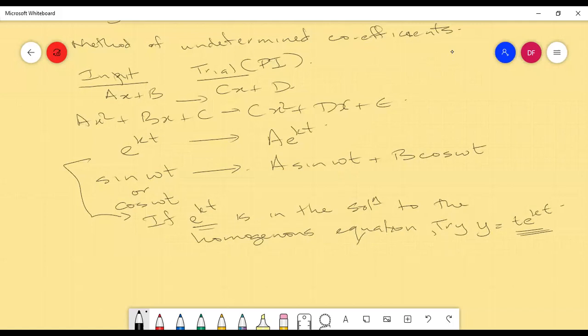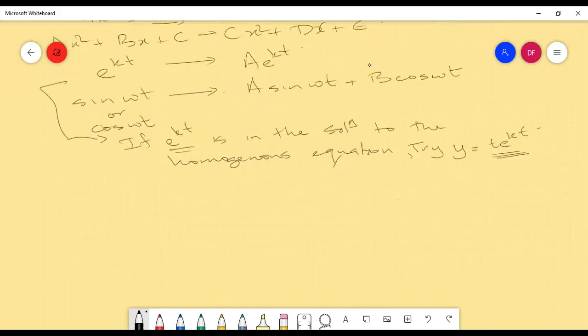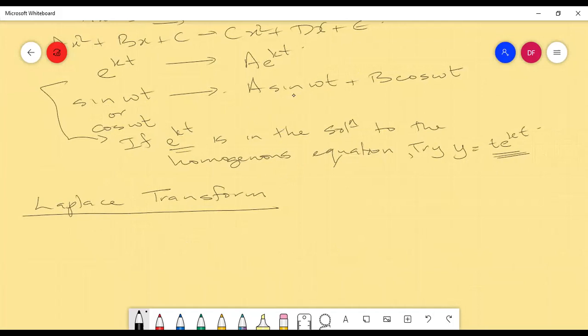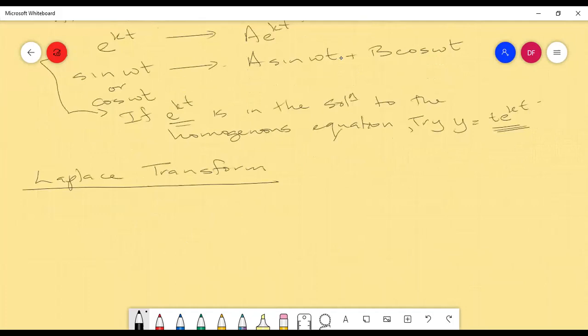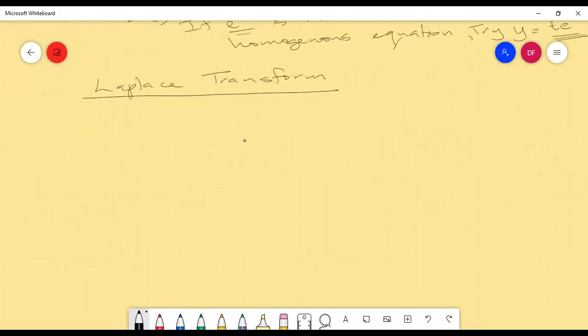Now, the other method that you would use to deal with a set of equations is the Laplace transform. So you can solve the same set of equations up there using the Laplace transform.